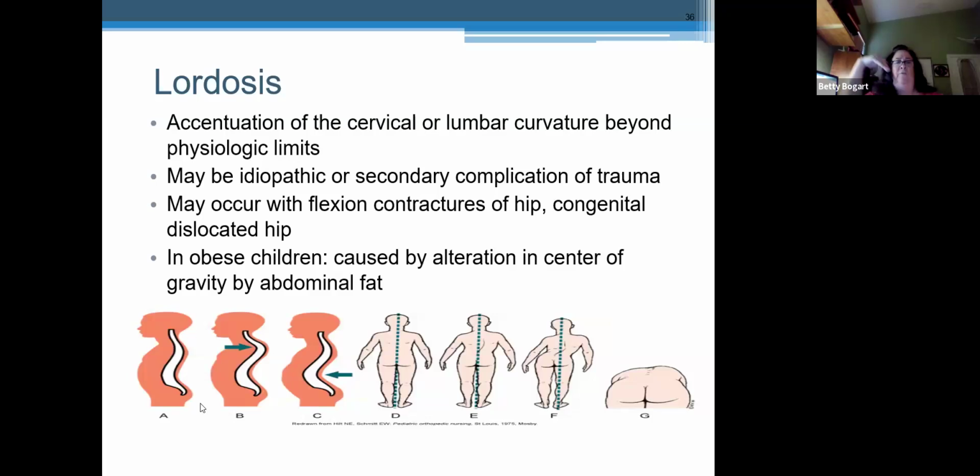It curves in, so you sort of walk sort of backwards. Lordosis is very common in a condition as we go further up. I'm going to tell you, it's Duchenne muscular dystrophy, but we'll go into that next. Lordosis tends to be in heavier children because of the way that they walk. So again, they're going to have these big bellies, and they're going to be stretching back to walk.